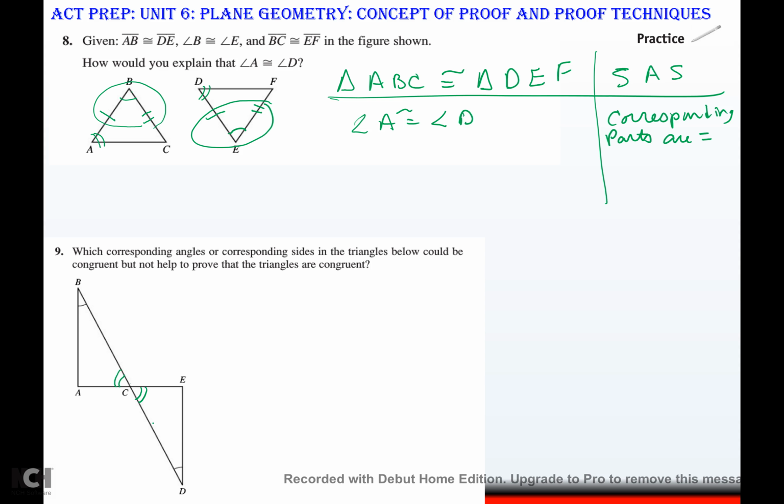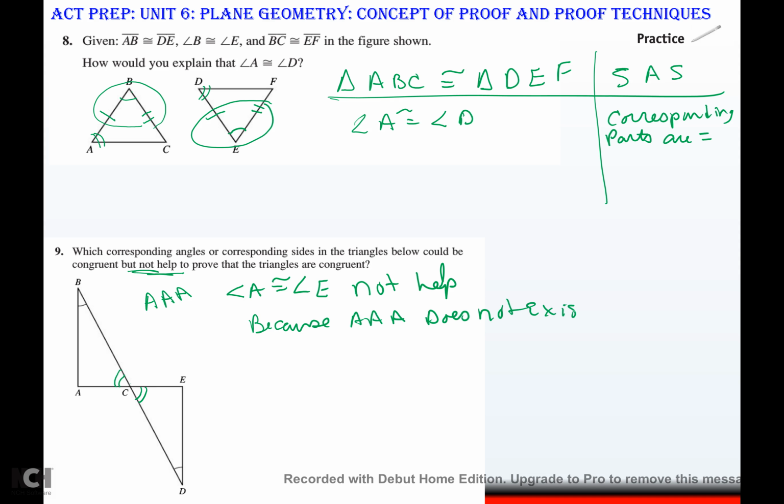The only thing, like we talked about before, that's not going to help me is if I had angle, angle, angle. So what's not going to help me is if I know that angle A is congruent to angle E. That won't help.